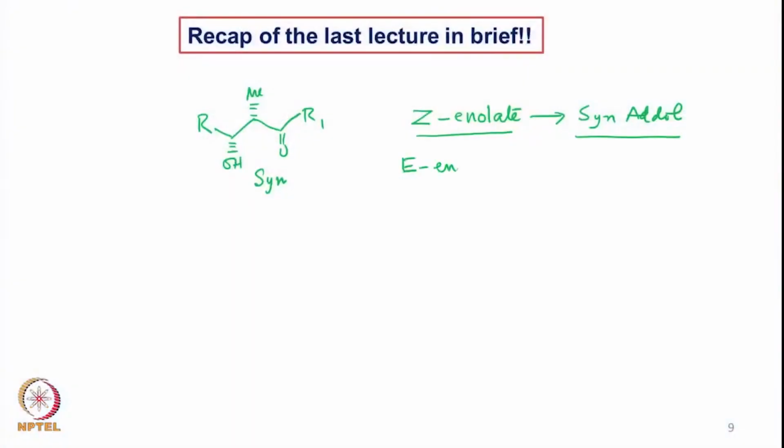This was the work that David Evans has reported, and then the work related to the formation of the E-enolate was taken up by other people, especially H.C. Brown, and as we saw, it depends on the size of the substituents.